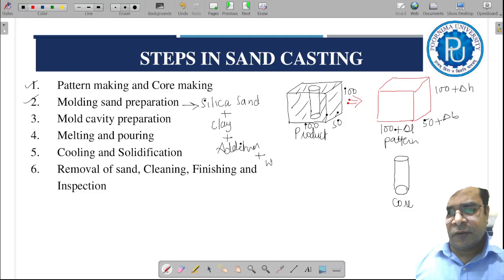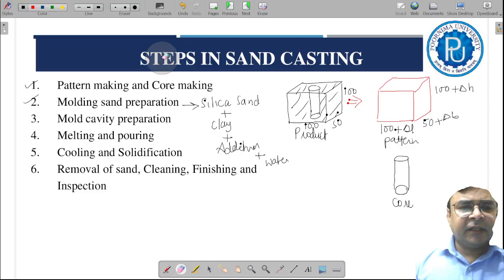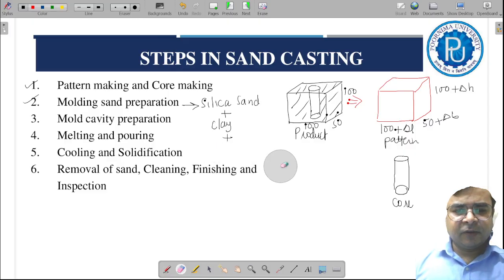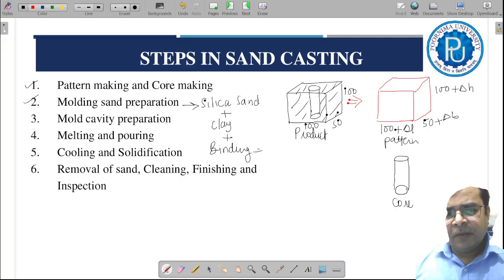Instead of writing additive, we can simply say some binding agent, the binding agent plus water.